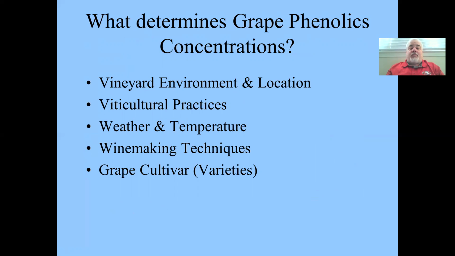The weather and temperature, not only the general climatic patterns over the years, but what specifically happened that year and even the year before. Because remember, grapes are heavily influenced by conditions the year before, not just this year's growing conditions, but what about the buds that were developed and finalized the previous year?